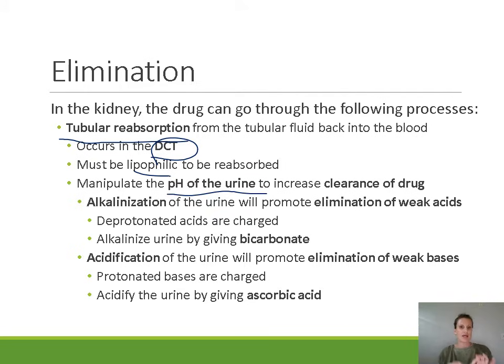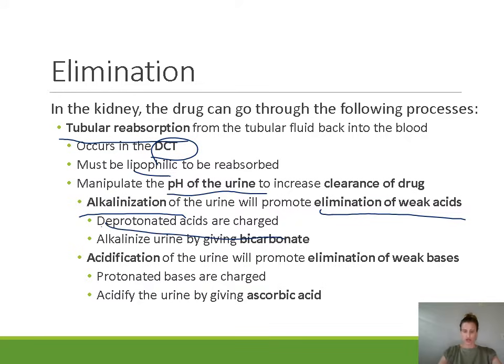So if we can make that drug charged, then we can try and prevent it from being reabsorbed. So that means we can increase the clearance of the drug. So for example, if we alkalinize, if we make the urine more alkaline or more basic, this will promote the elimination of weak acids.